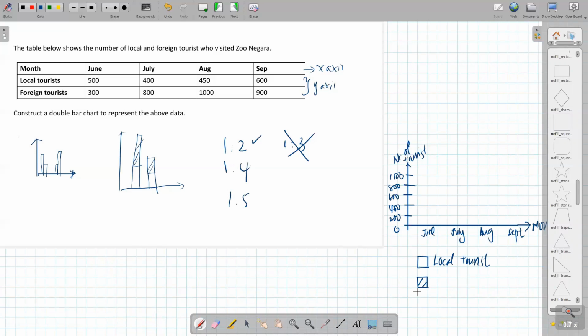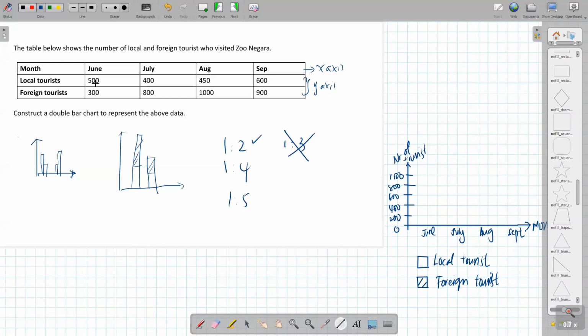The shaded one we use to represent foreign tourists. Later on in the exam, using this shading will do. So we draw the local tourists first.